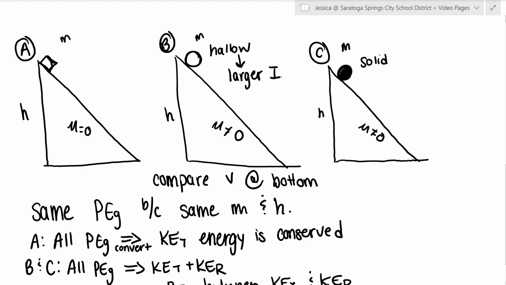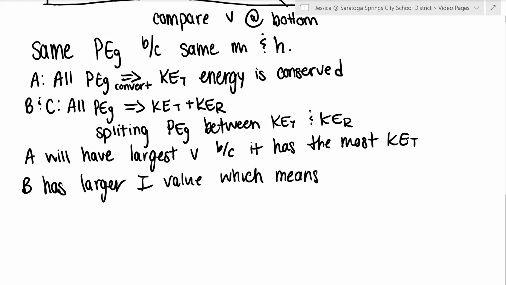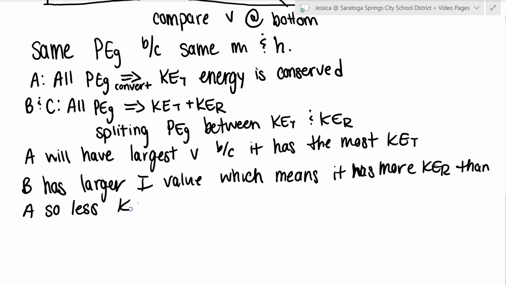That larger I value, so B has the larger I value, which means it has more rotational kinetic energy than C, so less translational kinetic energy, so B moves slowest. So that means that C is in the middle.